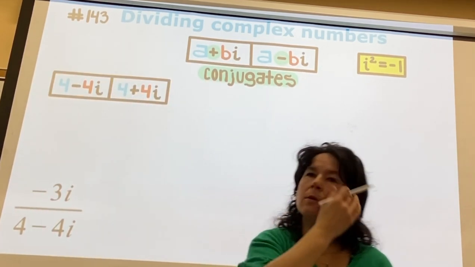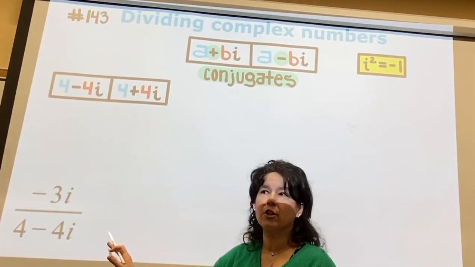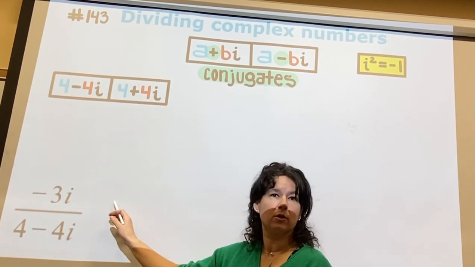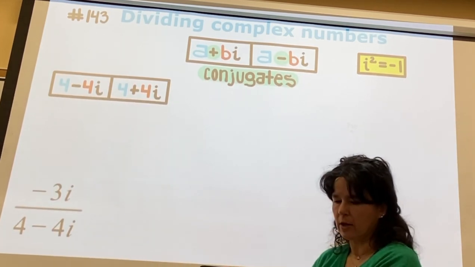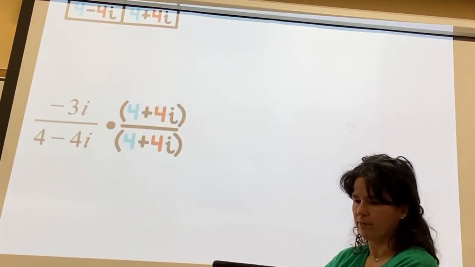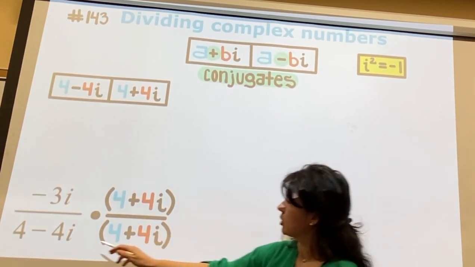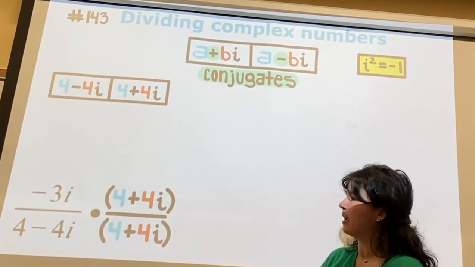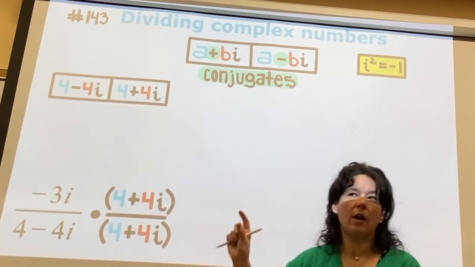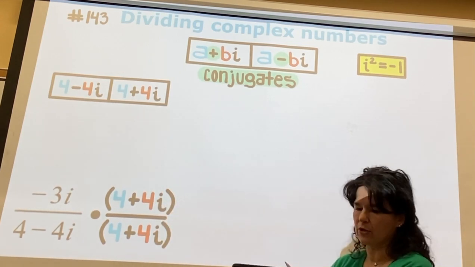And when we multiply the denominator by its conjugate, all the i's are going to go away. But what I do to the bottom, I've got to do to the top. All right, so I'm going to multiply the numerator and denominator by 4 plus 4i. For myself, I don't like to work across too long because it just starts going too far.